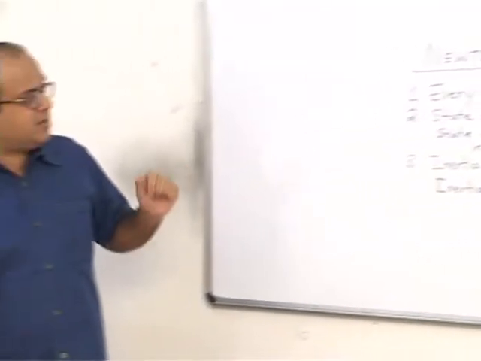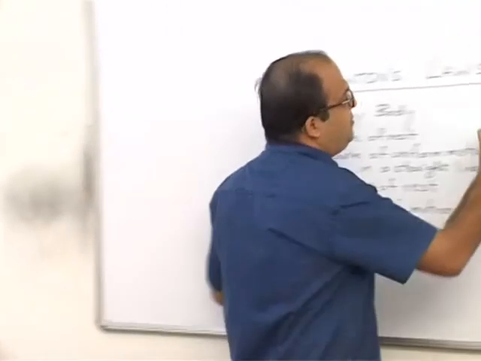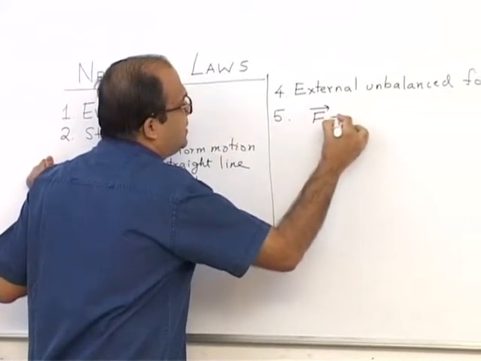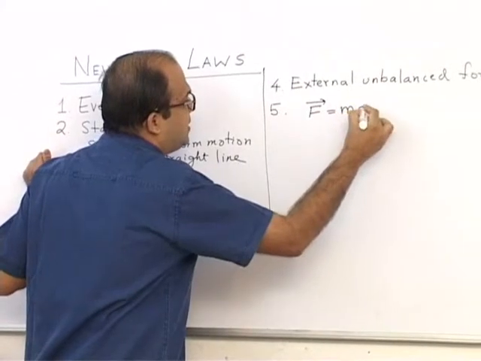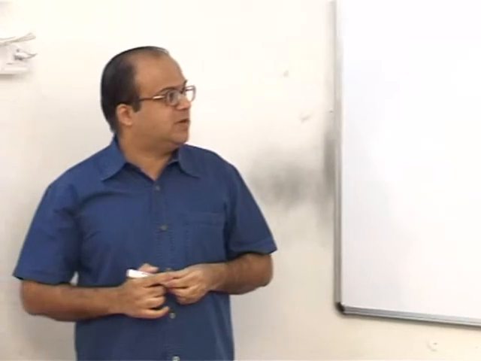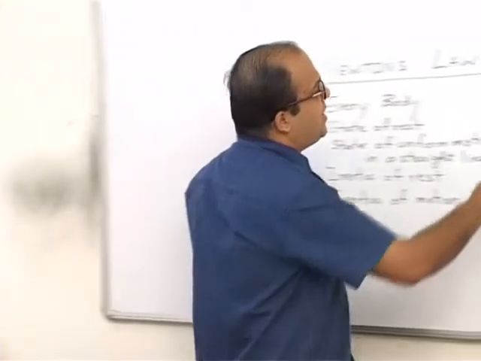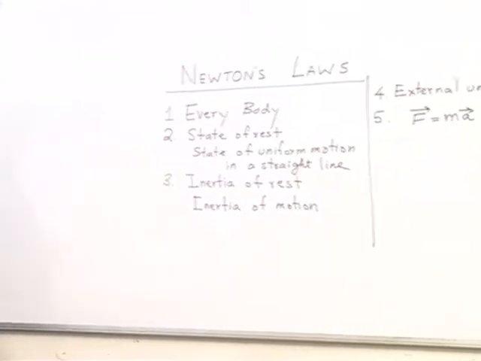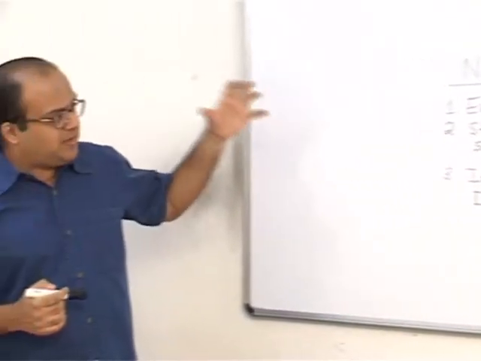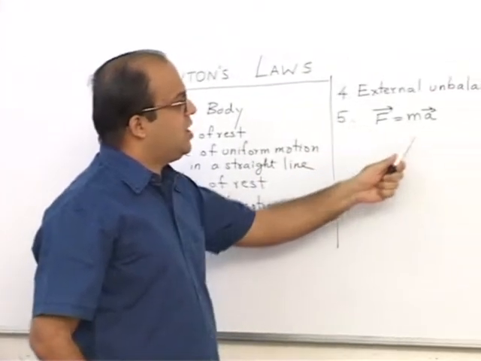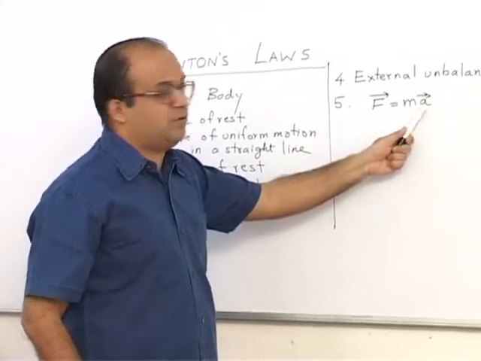Now a little bit later we will see that we can derive the equation F equal to ma from Newton's second law. This is valid when mass is constant. Now from this equation, if F is equal to 0, then acceleration will be equal to 0.